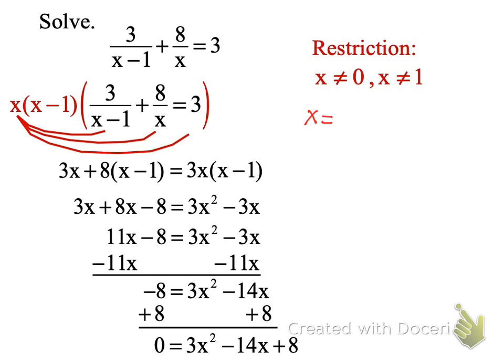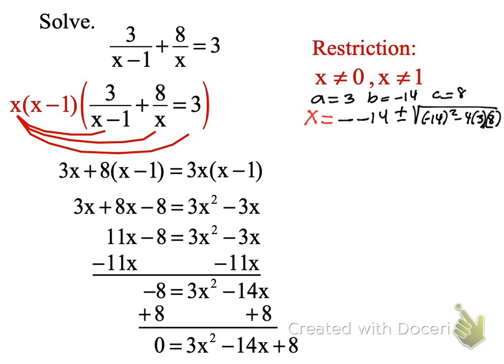A equals 3, b equals negative 14, and c equals 8. So x equals negative negative 14 plus or minus the square root of negative 14 squared minus 4 times 3 times 8, all over 2 times 3.